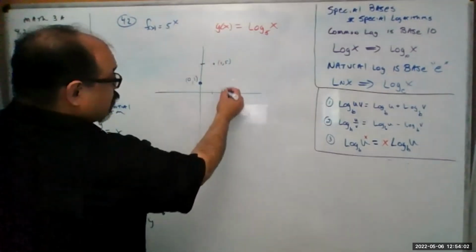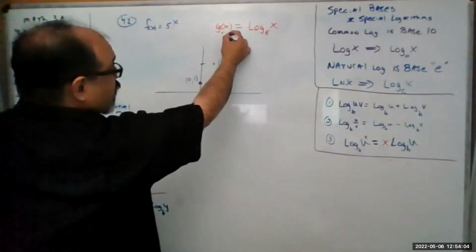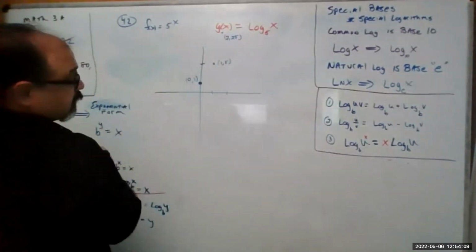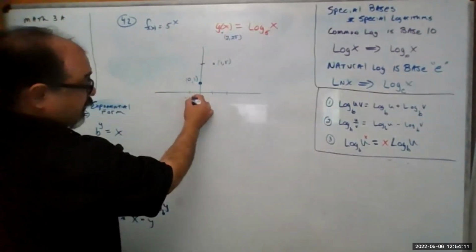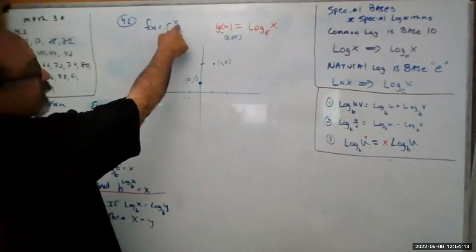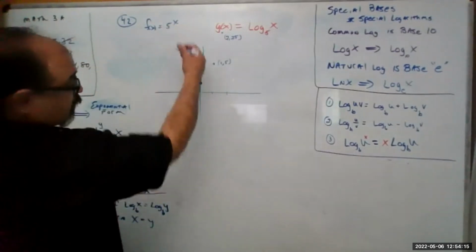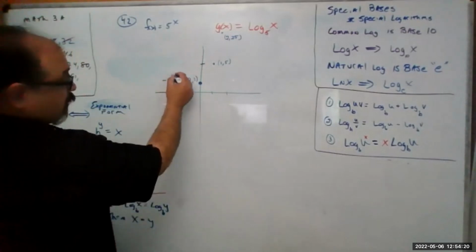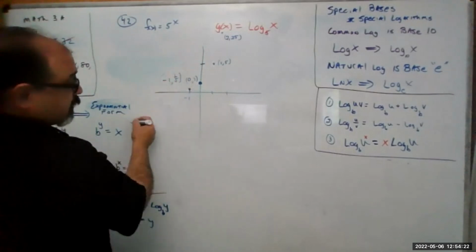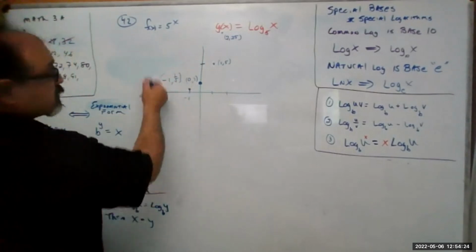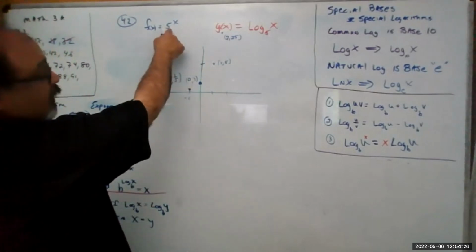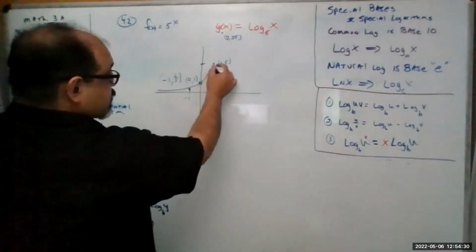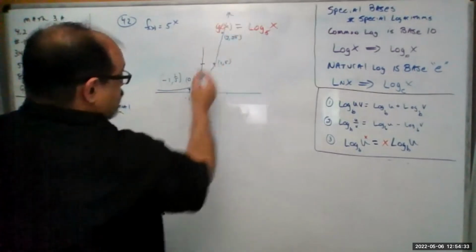When you plug in 2, we're way up there at 25. 5 to the second is 25. When you plug in -1, 5 to the -1 flips. It's 1/5, so it's really small. For exponential functions, if the base is bigger than 1, it's always going to look like this, and it's always going to increase really quickly.